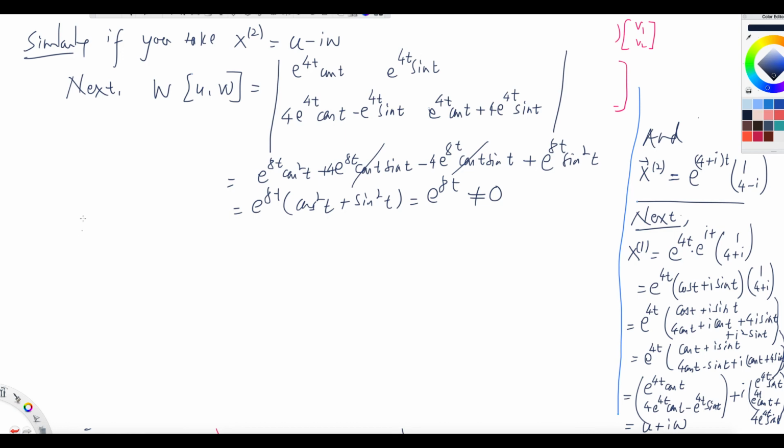Hence the general solution: the vector u and vector w are the fundamental set of solutions.